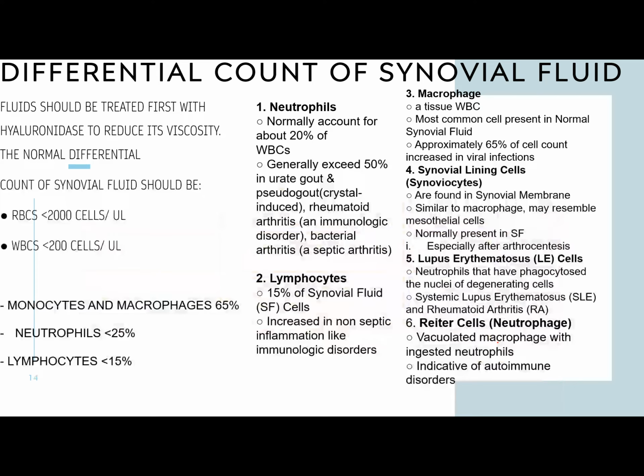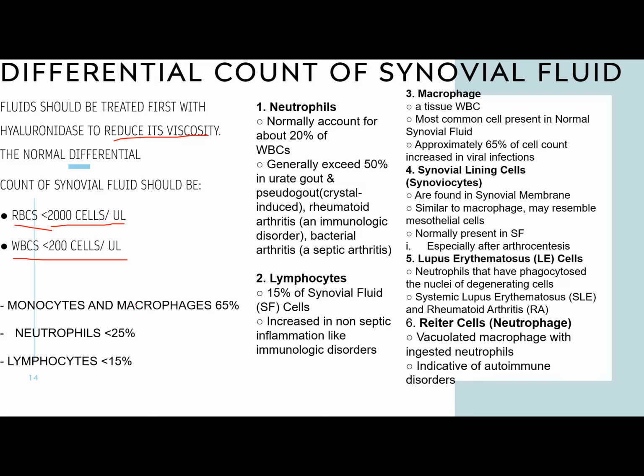Now let's talk about the differential count, class. Before doing differential count, class, you need to treat first the viscosity. So you need to reduce its viscosity. Now the normal differential count of synovial fluid should be RBCs less than 2,000 cells per UL. For WBCs naman, class, less than 200 cells per UL.